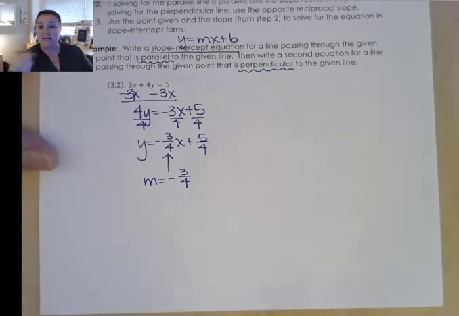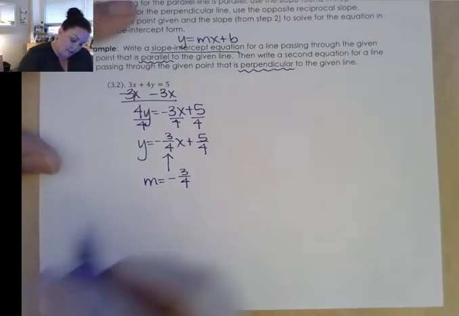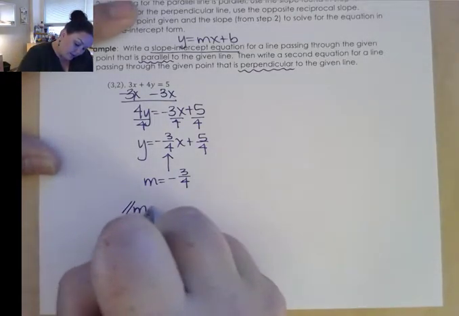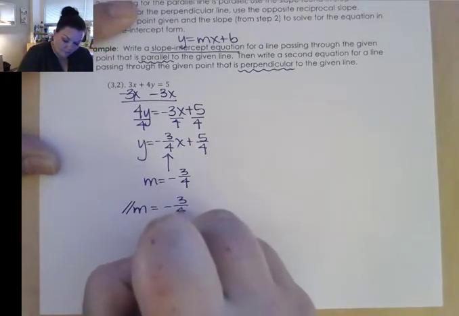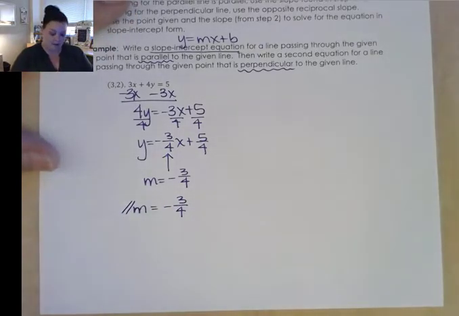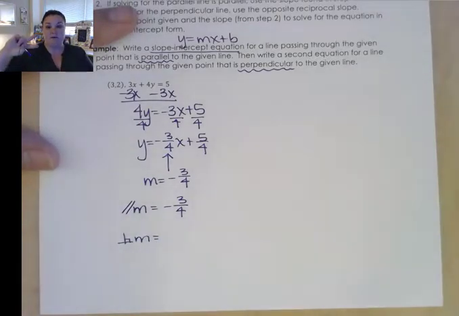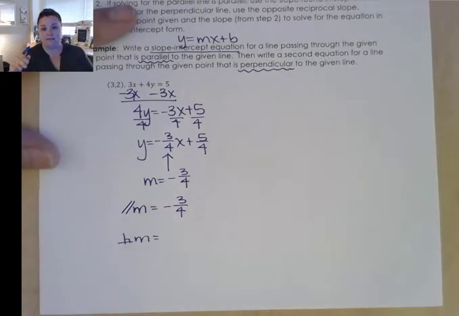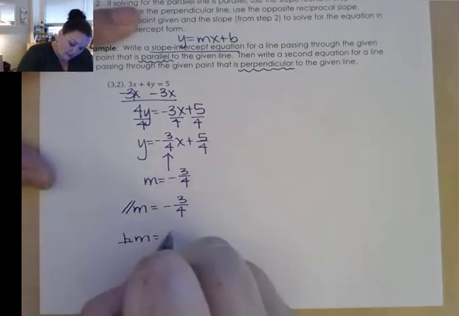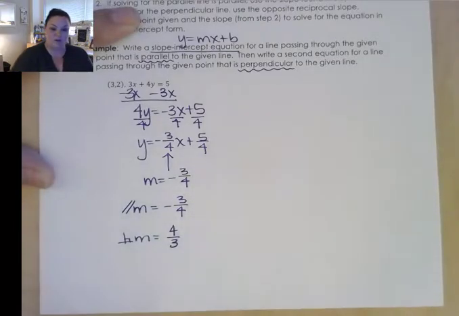So that means any line parallel to this line should have the same slope. So if we're looking for a parallel line, our slope is also going to be negative 3/4. Okay? But if we're looking for a perpendicular line, then we would take the opposite reciprocal. So instead of negative, it's going to be positive. And then when I flip it, that's going to be a positive 4/3.